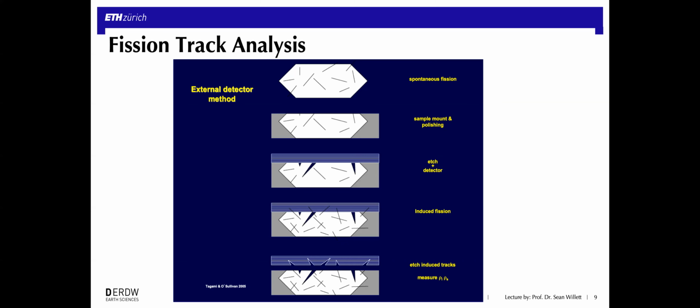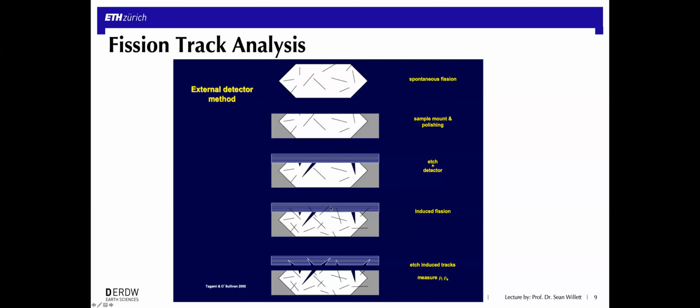In order to measure the uranium content of the crystal, we usually go through another process whereby we take what's called an external detector, which is just a sheet of muscovite. This is laid down over the top of this polished grain.